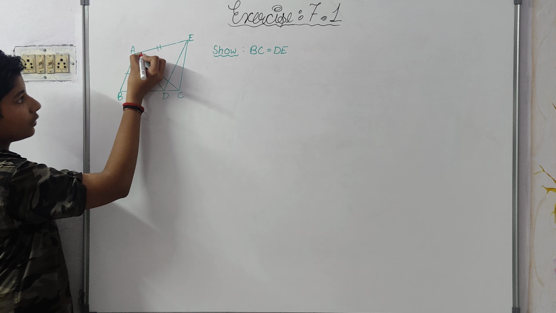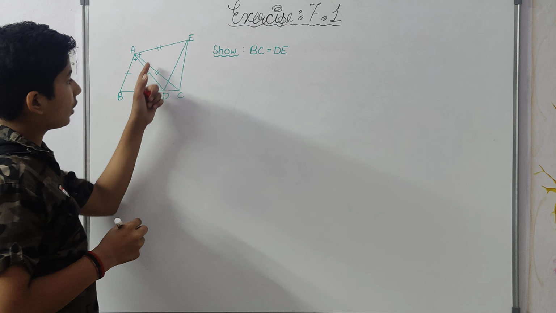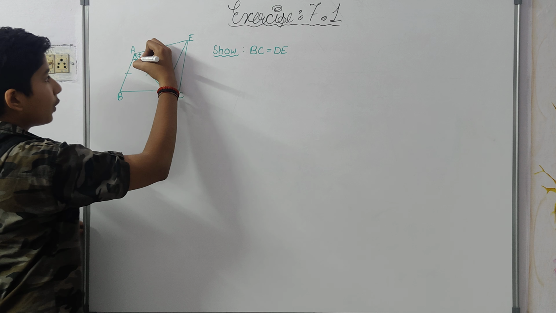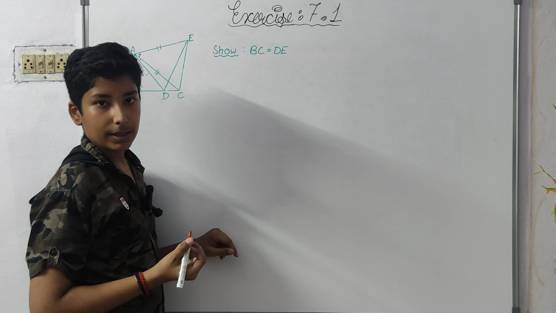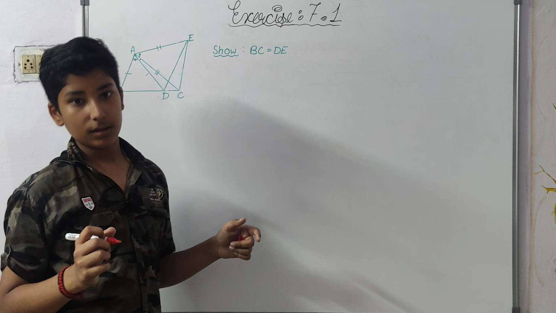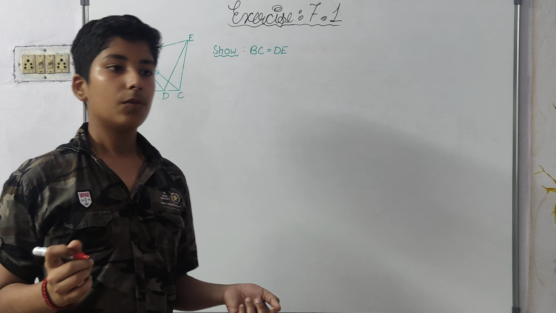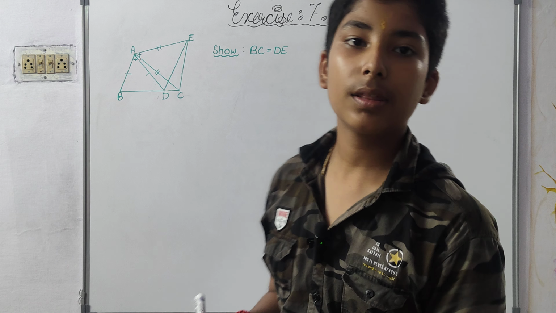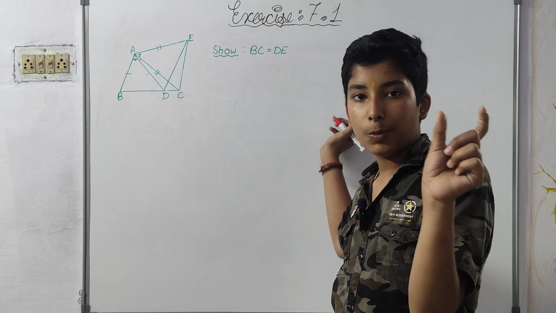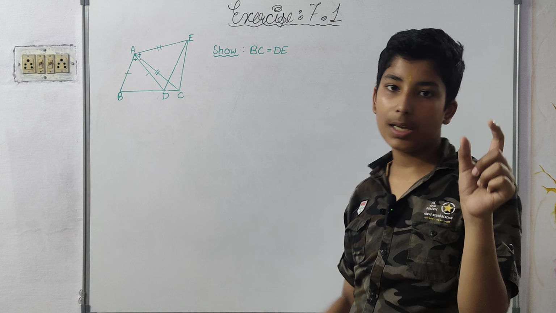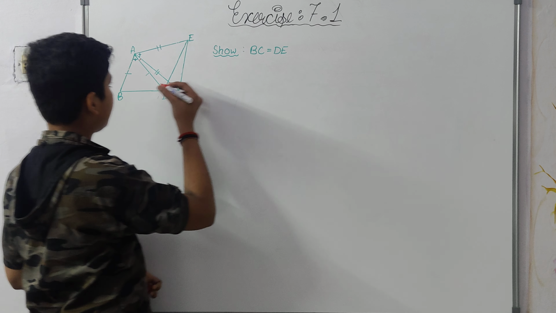You can see that these two angles are equal, but these are not coming properly in a triangle, so we have to add this angle in both of them. The answer will be the same, because if we add the same thing on both sides, the relation will remain the same. For example, 1 equals 1. If we add 10 on both sides, it would be 11 equals 11, and the relation is still the same. So let's add them.